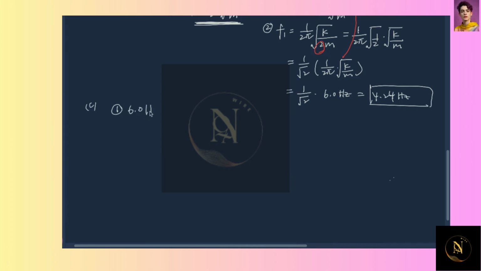So 6.0 hertz equals 1 over 2 pi times the square root of k over m. And now we have a new equation 2, with f2 equals 1 over 2 pi, but instead we have 2k because the spring constant doubles and we have the same m.